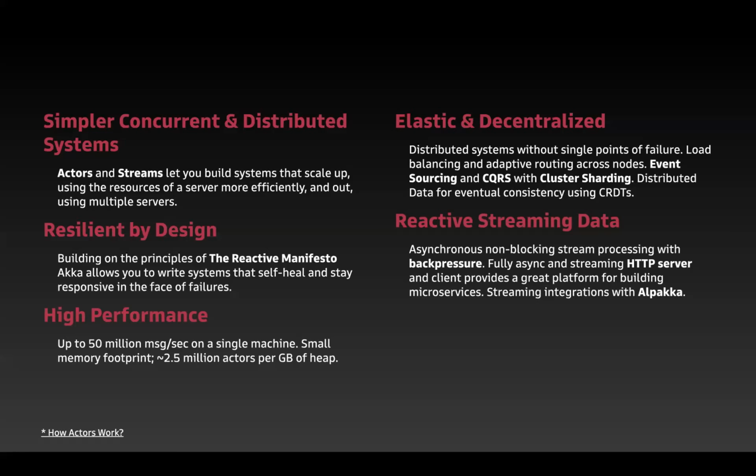Now, what's in the Akka toolbox? Akka is built for building simple, concurrent, and distributed systems. It uses two fundamental blocks for building these things. One is called actor and the other is called stream. It also comes with all the tools that you need for building things like CQRS systems, event streaming, event sourcing.